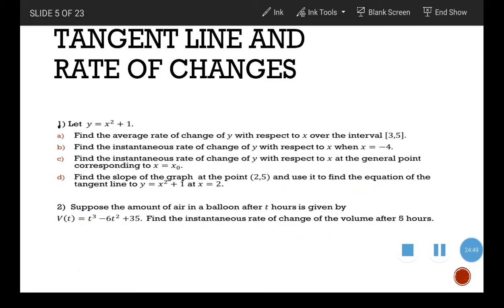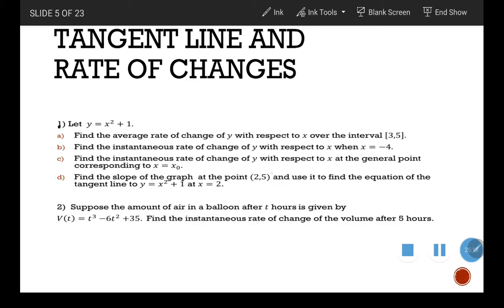Okay, so now let's look at the final question 1d, we're going to focus on question 2 actually. For question d, find the slope of the graph at the point (2, 5) and use it to find the equation of the tangent line at x equal to 2.